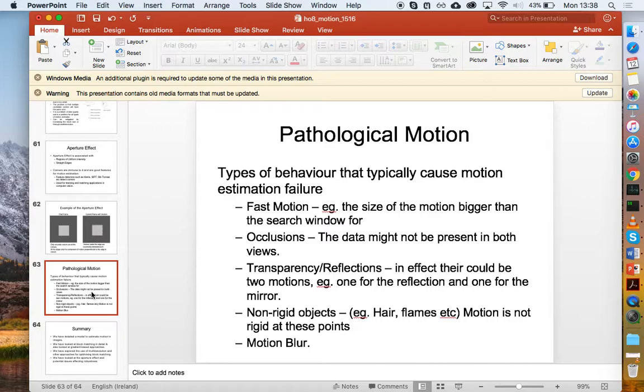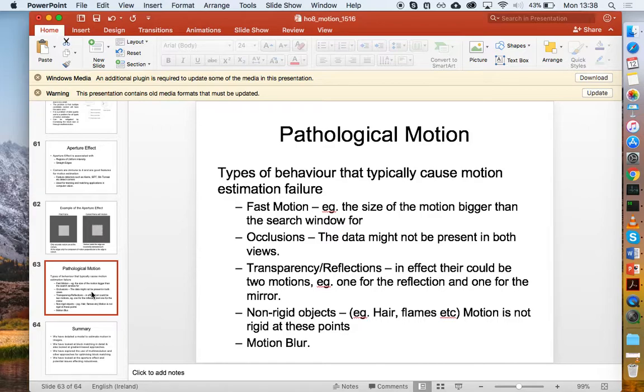So motion estimation is particularly hard. The aperture problem is one big problem. The other problems are listed here. So the first one is fast motion, okay? And that is because of the computational issues we talked about.